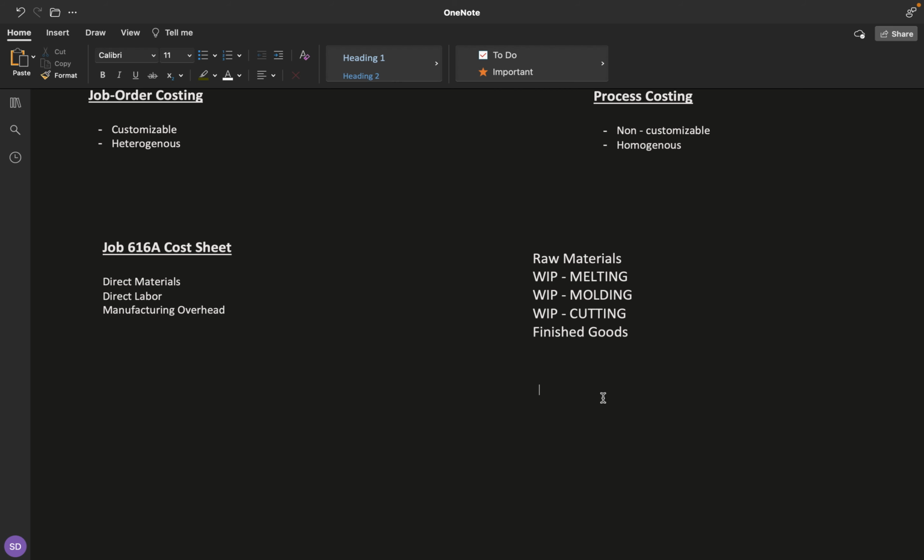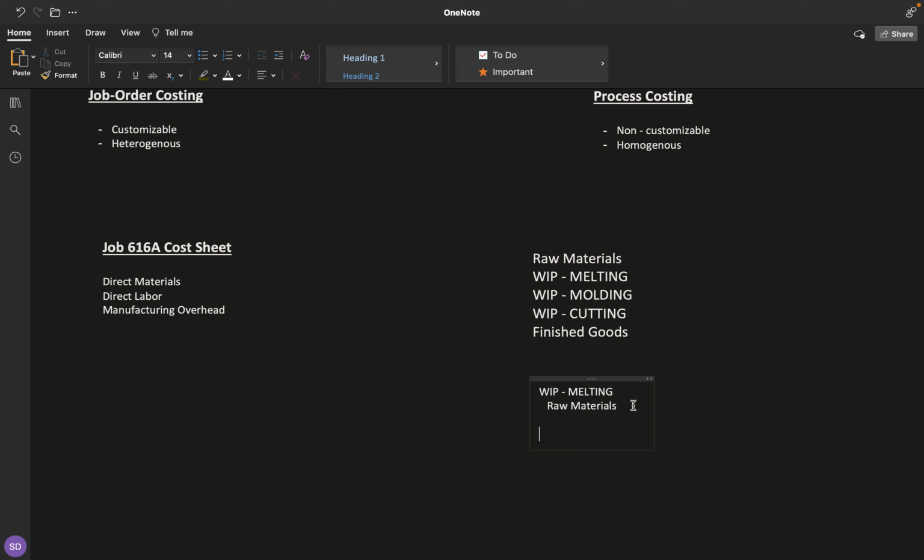So remember, inventory is an asset account, so it has a debit normal balance. So we're moving from raw materials to work in process melting. We would debit our work in process melting and credit our raw materials.